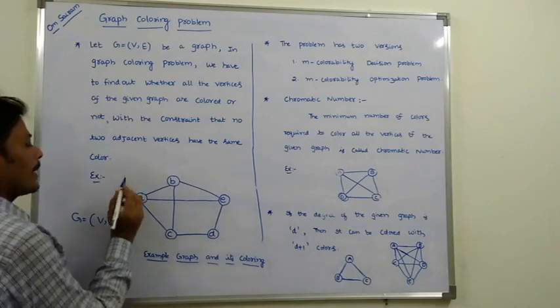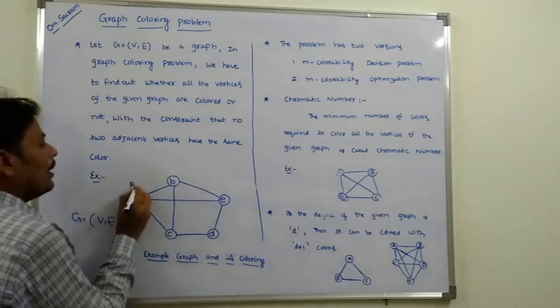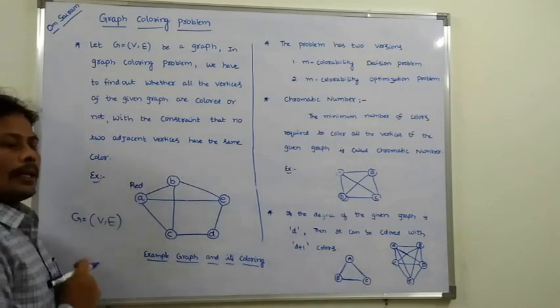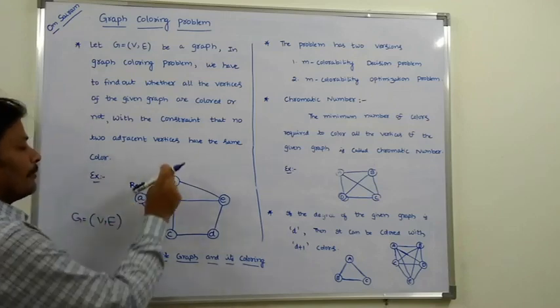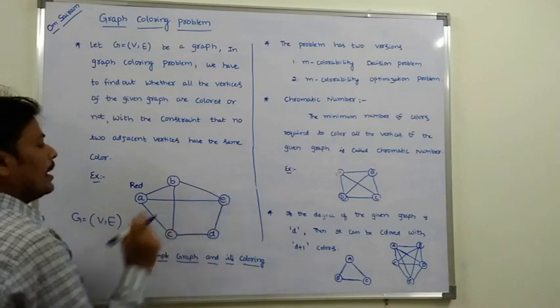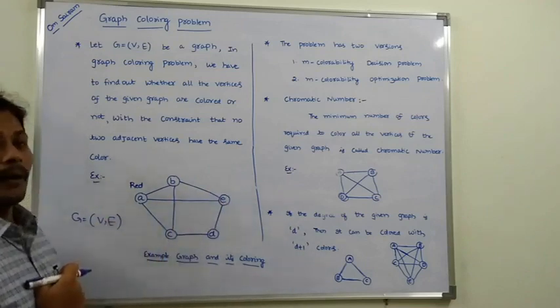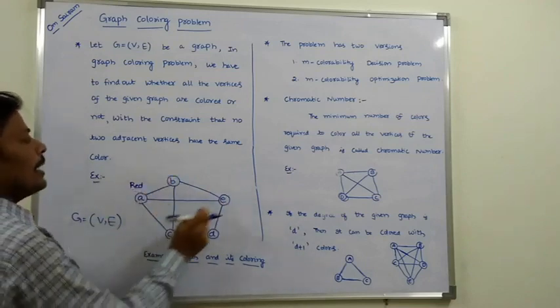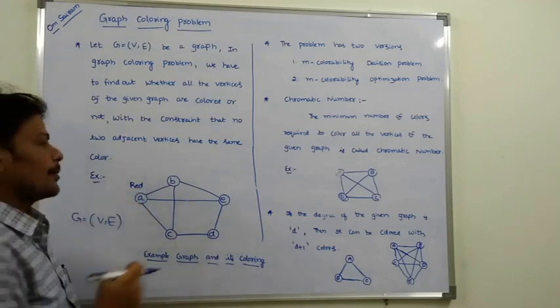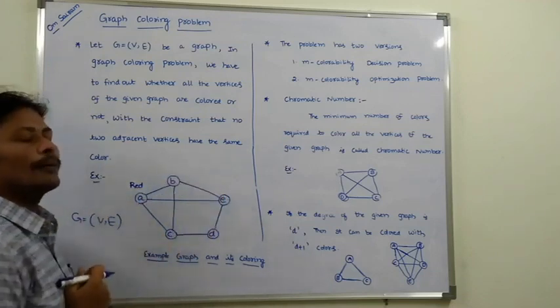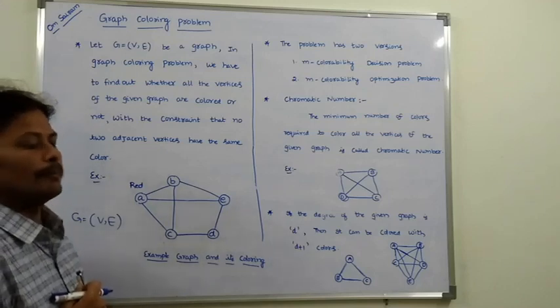Suppose for vertex A we are applying the red color. The same red color cannot be used for vertex B, vertex E, and vertex C, because B, C, E are adjacent to vertex A. So for these vertices we have to use a different color.